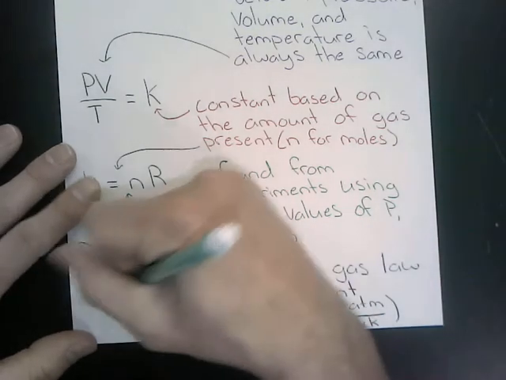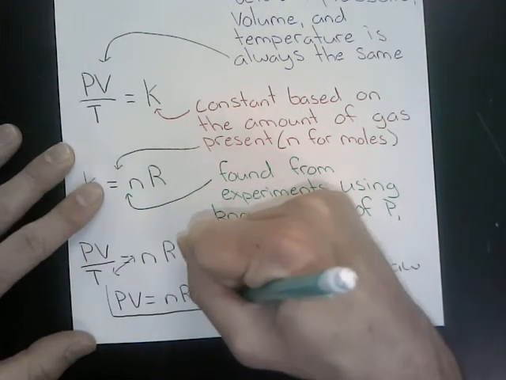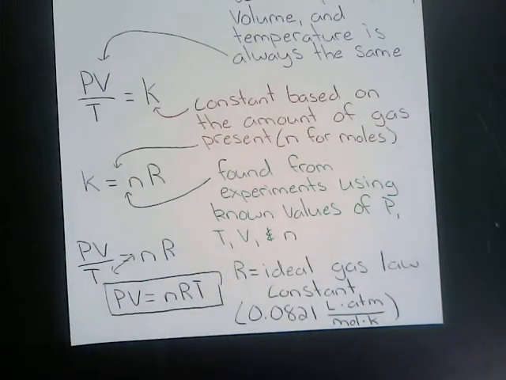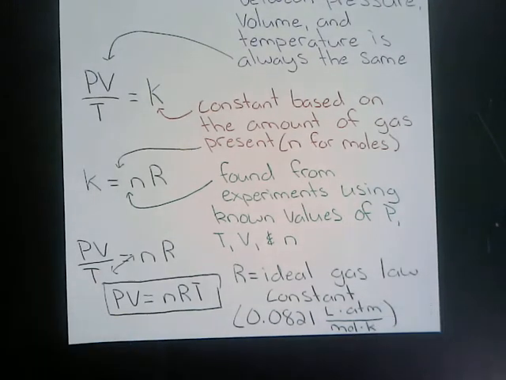Okay, so remember this is a very important formula as we go through this process. Now what we're going to do here is go over the steps of how to solve a problem utilizing the ideal gas law.